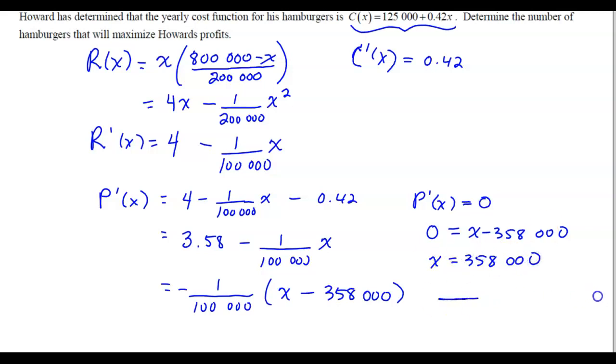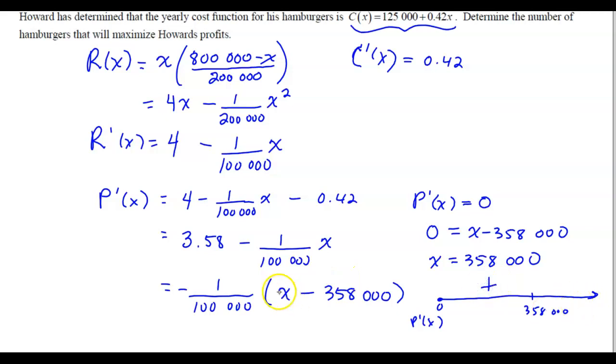Okay, so if we think about our profit function, notice how I'm using capital P. So any value between 0 and 358,000, if I put that in here to the bracket back into the first derivative, I'll have a negative times a negative, which is a positive.